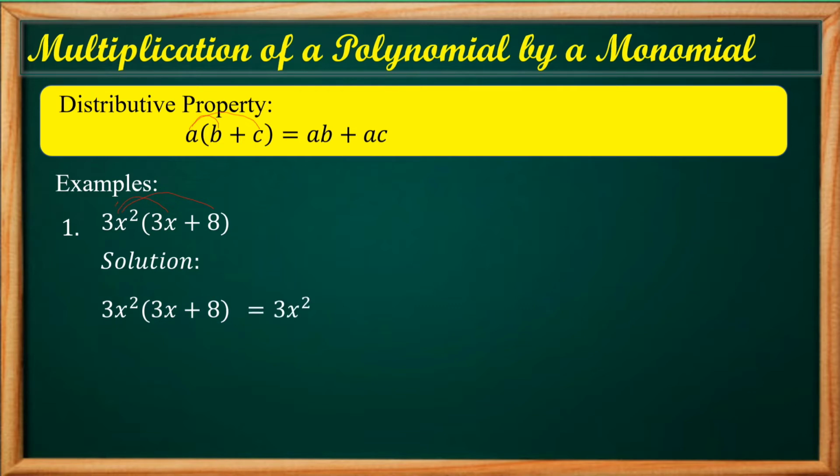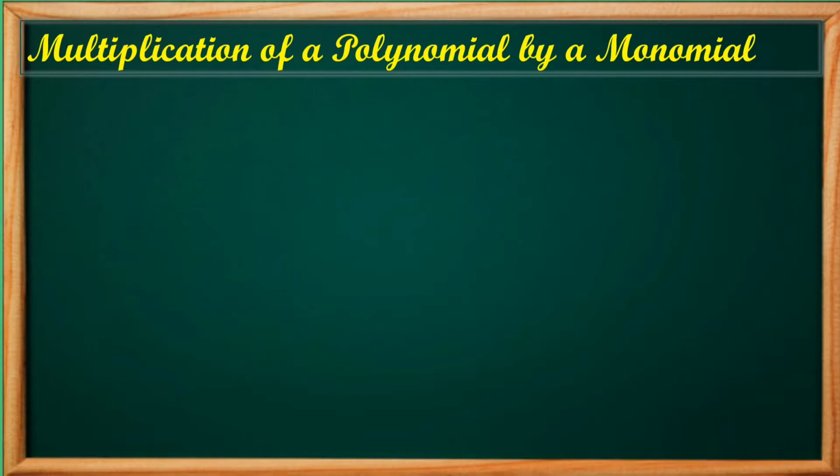The first one is 3x squared times 3x, then 3x squared times 8. That is the distributive property. Then applying the laws of exponents, you will have 9x cubed plus 24x squared as our answer.